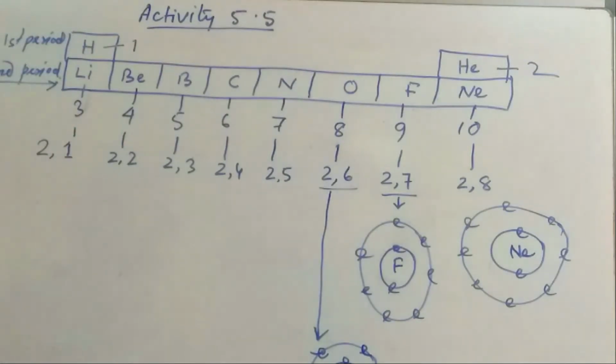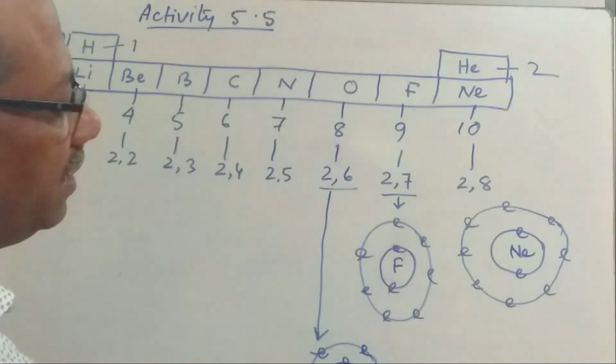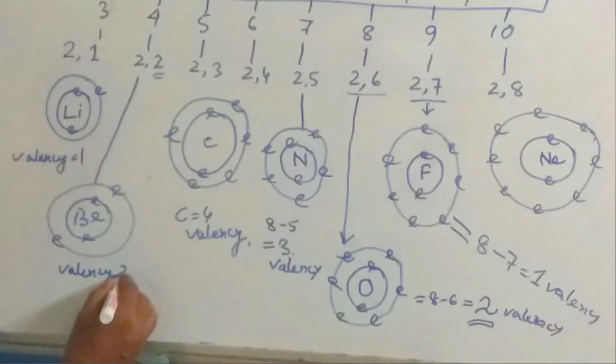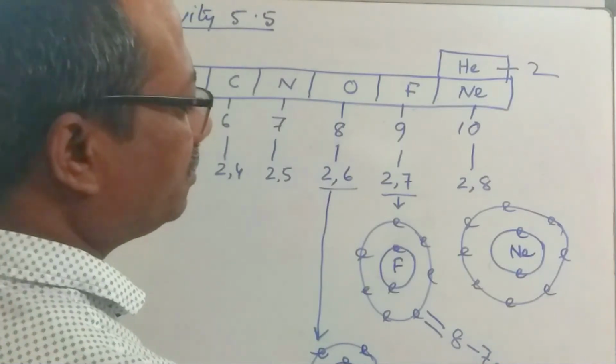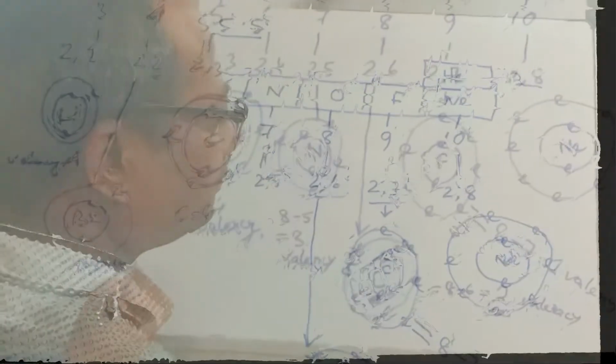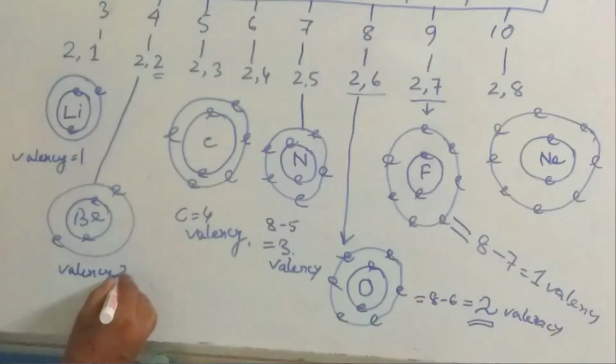So to get the nearest inert gas configuration, how many electrons are required? 8 minus 6 is 2. So the valency of oxygen is 2. Here 8 minus 7 electrons is equal to 1 valency.